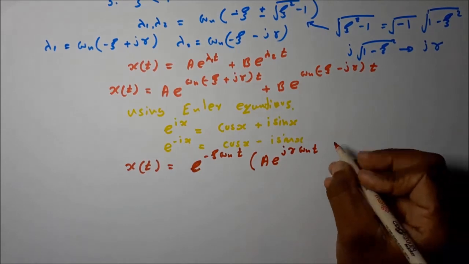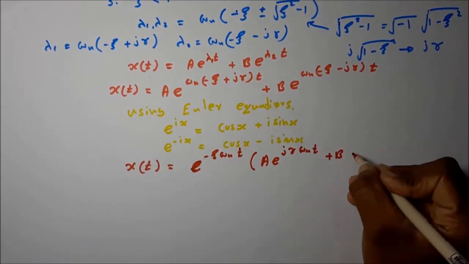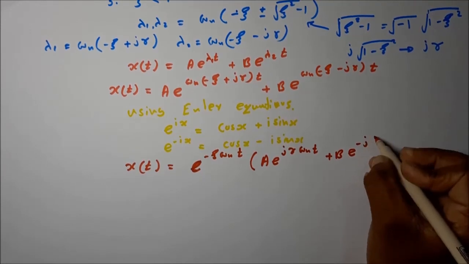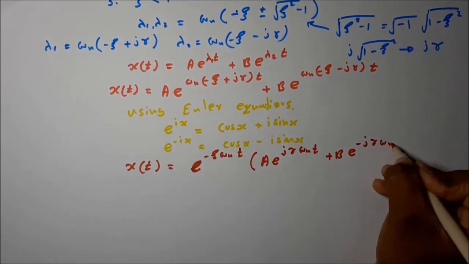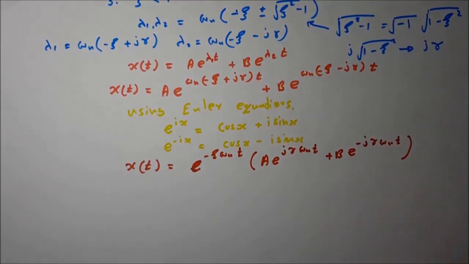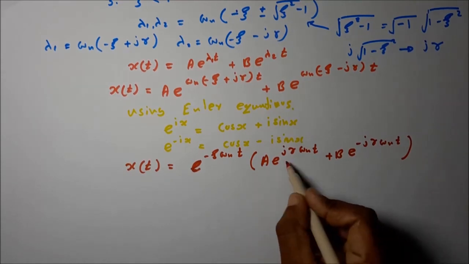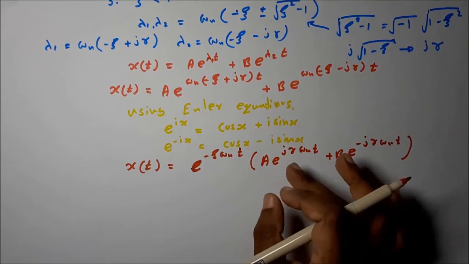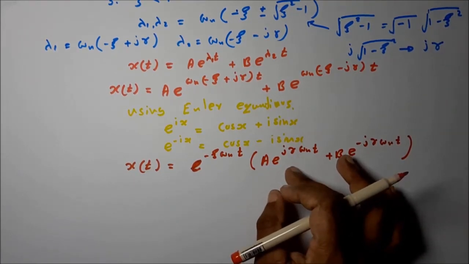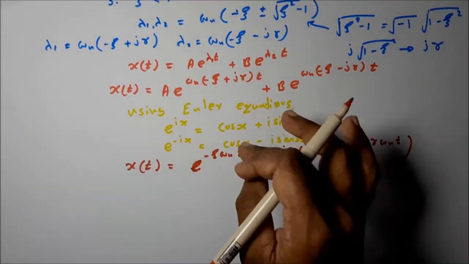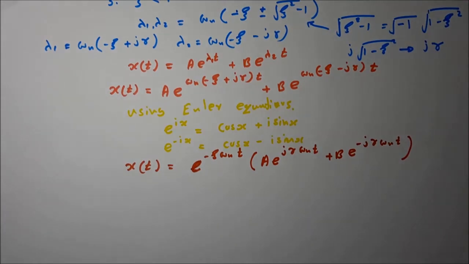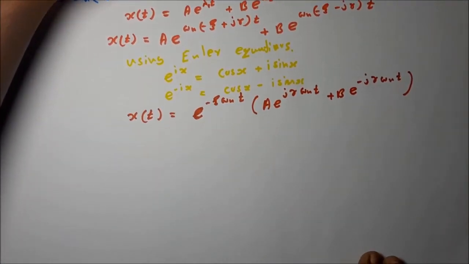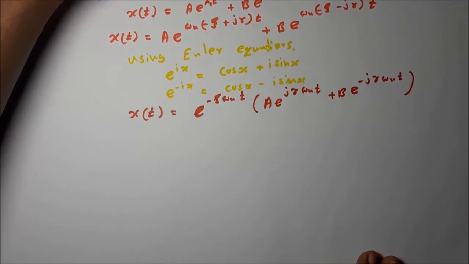Then for these exponential terms, I am going to convert into trigonometric form using Euler's formula.